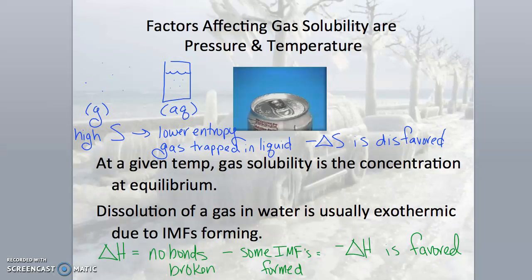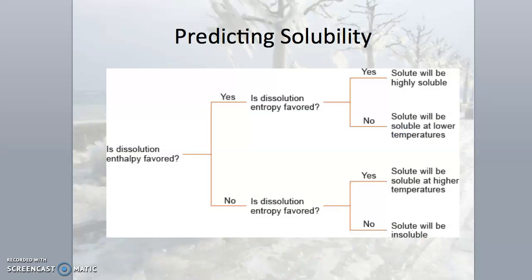If we look at our predicting solubility chart, we could say, okay, we're enthalpy favored because of the bonds broken minus the bonds formed, but we're not entropy favored. So the gas in this case will be soluble at lower temperatures. And this is true.